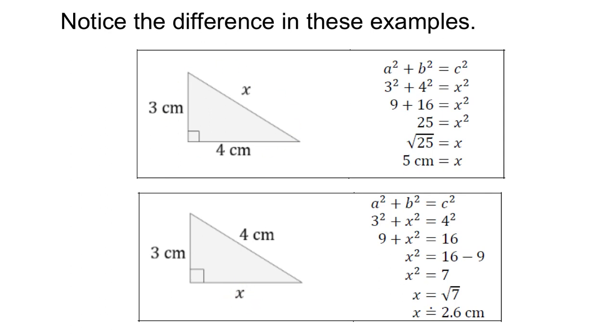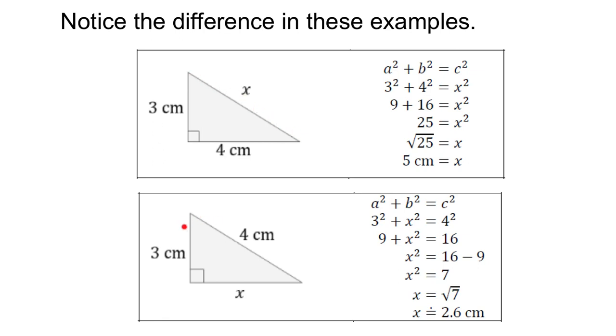So they're very similar problems, but I want you to notice the difference. The difference is in the position of x. In the first example, x is the hypotenuse, the longest side. I know it's the longest side because it's across from the right angle. So x is the hypotenuse.